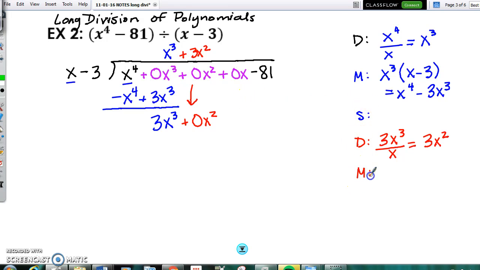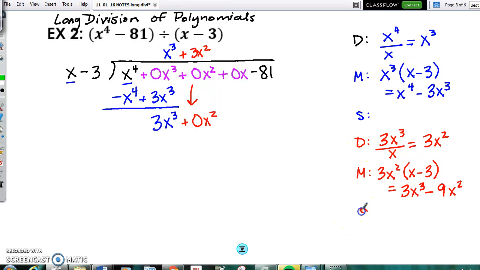Now we multiply. 3x squared, what we just got, times what we're dividing by, the x minus 3. And that gives us, in this case, 3x cubed minus 9x squared.